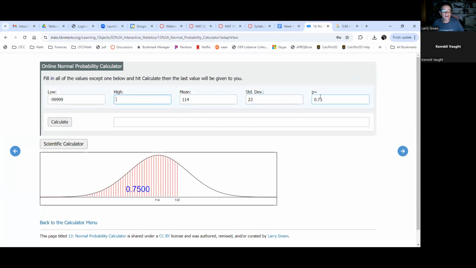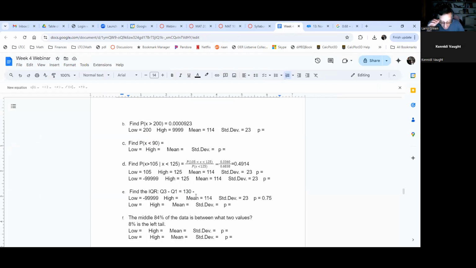Yeah, P is now 0.25 instead of 0.75. Always write it as a decimal, not a percent, by the way. That's very important. And you calculate. And there we go: 98.4867. I'll just round to the nearest whole number, 98 in this case. On the homework or the exam, round it however they tell you.